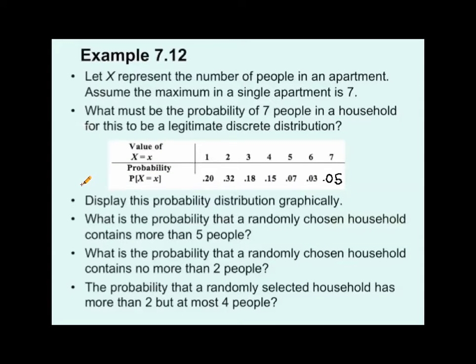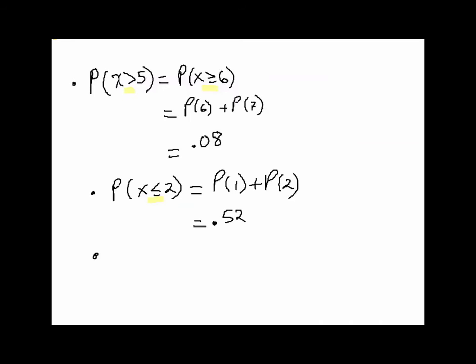It says, what is the probability that a randomly selected household has more than 2, but at most 4? Okay? So more than 2 means you can't have 2, right? At most 4 means you can have 4, all right? So what would that end up looking like? That would be the probability of x being greater than 2, but less than or equal to 4, right?